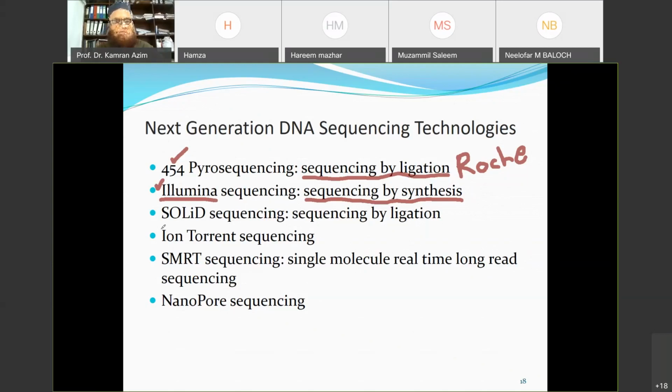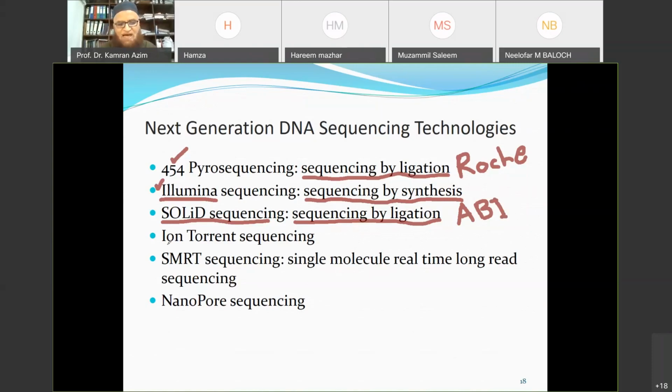The third method is called SOLiD sequencing. Again, the principle was sequencing by ligation, but this SOLiD machine was marketed by another company called ABI, Applied Biosystems. ABI has been purchased by Thermo Fisher now, but previously it was Applied Biosystems Incorporated.